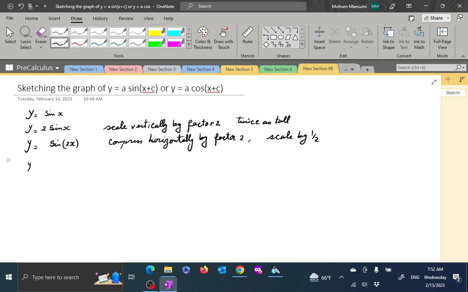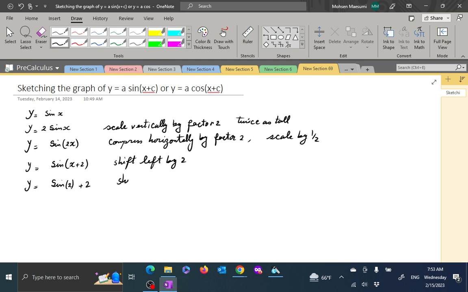Then we learned about y equals sine of x plus 2. So this would be shift left by 2. Then we learn about sine of x, and then later on plus 2.